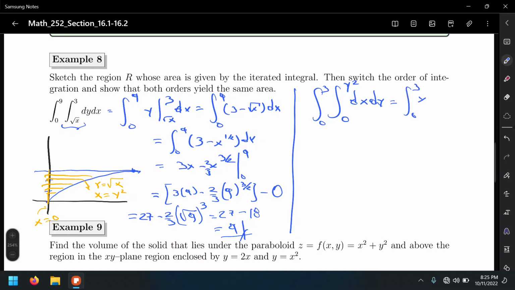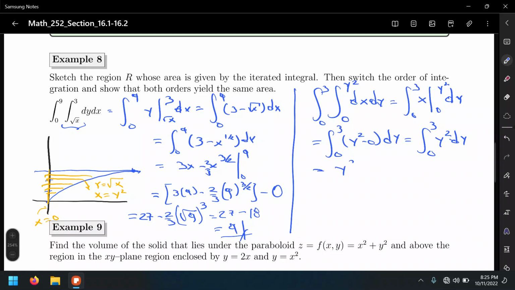The integral of dx is x, evaluated from 0 to y squared, dy. And the integral from 0 to 3, that's y squared minus 0, dy, which is simply the integral of y squared with respect to y, 0 to 3.